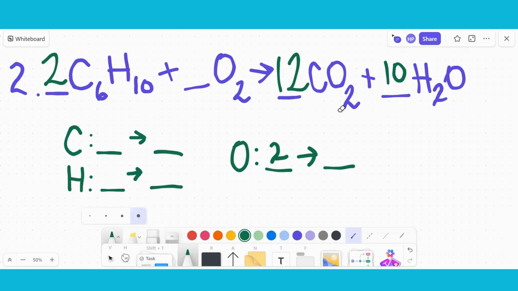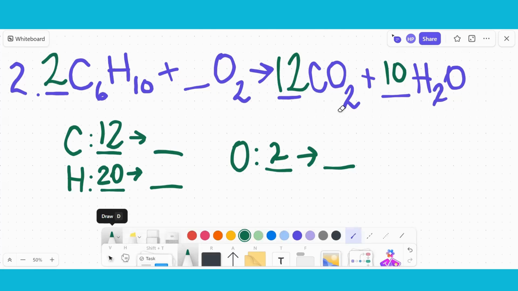On the left, we have 2 times 6 for carbon, so that's 12. 2 times 10 for hydrogen, that's 20. Oxygen on the left is still 2 because we haven't added a coefficient.